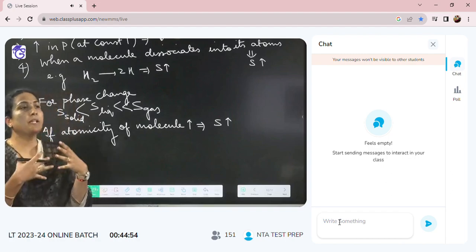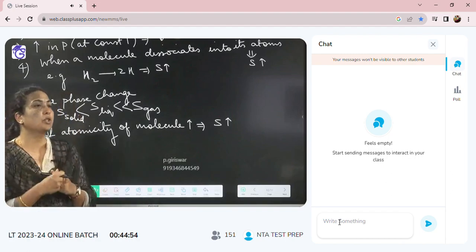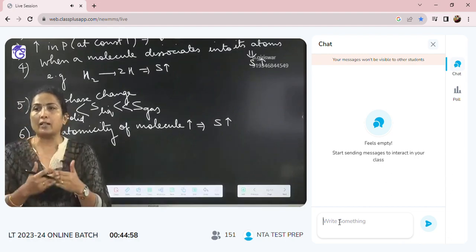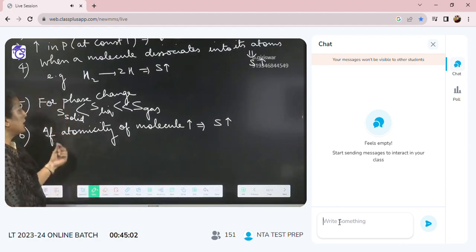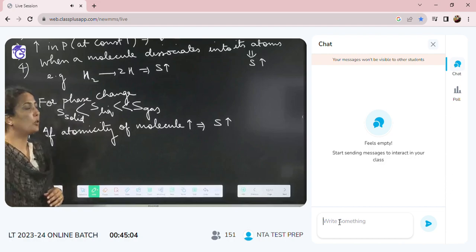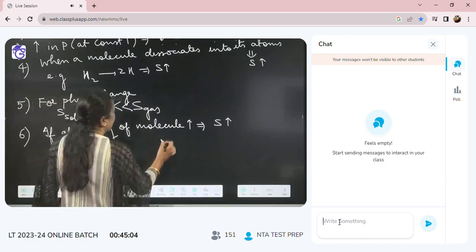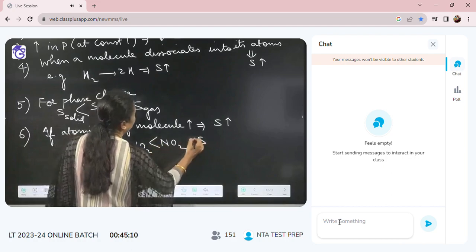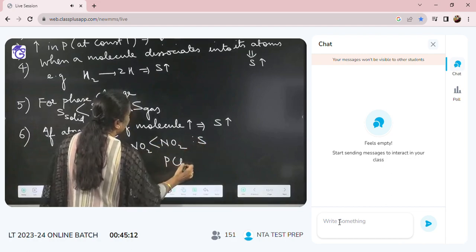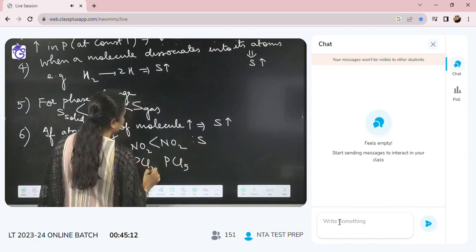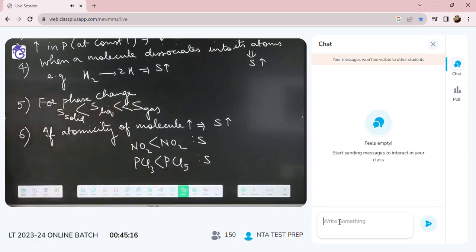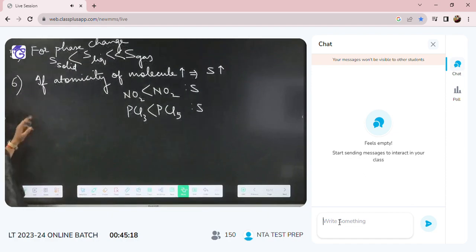So there will be more ways by which a molecule can have its energy distributed. So directly remember the conclusion that if atomicity of the molecule increases, entropy is going to increase. If I give you NO2 and NO, entropy of NO2 is going to be greater. For PCl5 and PCl3, PCl5 is going to be greater. Able to get it?